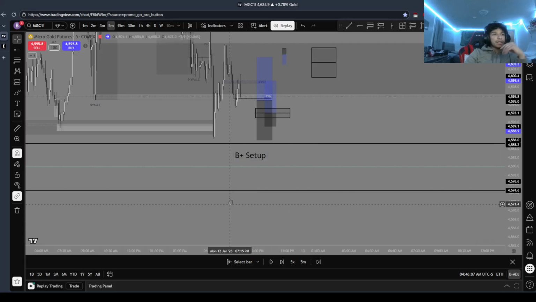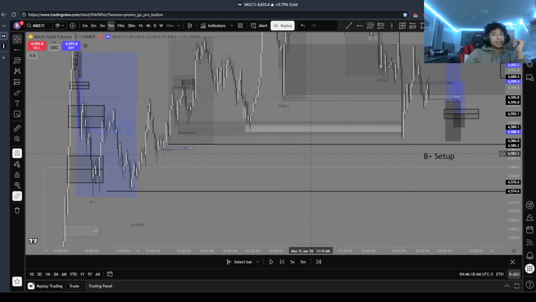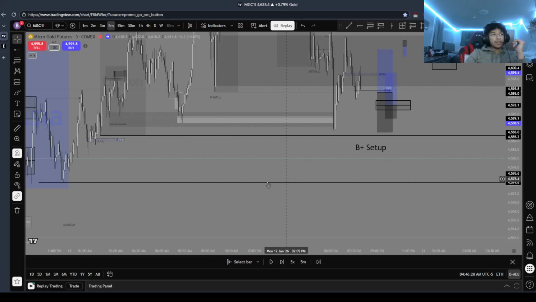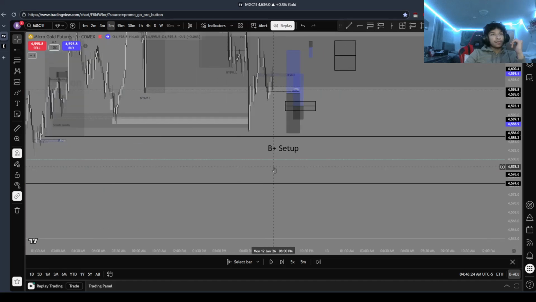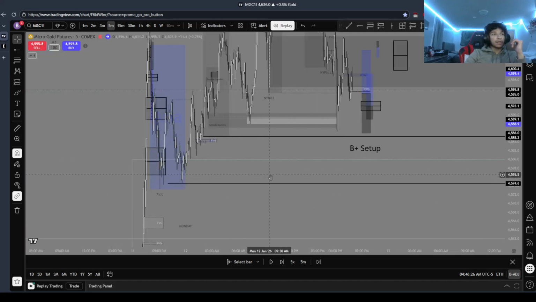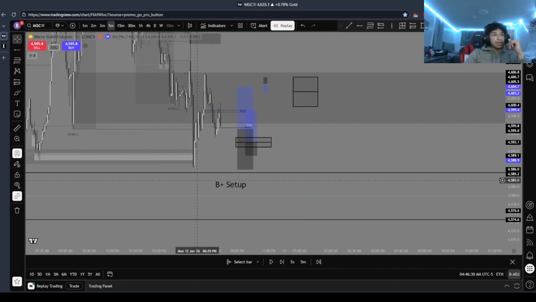It would have been an A plus if we would have swept out this underlying, but taking a retracement off of a liquidity sweep like this when there's more resting liquidity down here, there's resting orders down here. It wasn't something I wanted to take. So we'll see, and this is 755. But as we see, it kind of gets choppy.